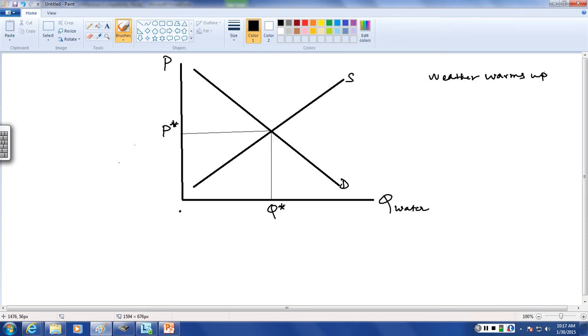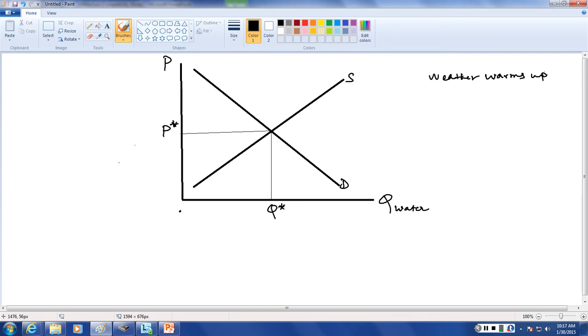What do you expect that to do to this diagram? Well, with the weather warming up, what would happen in this diagram? Would demand change? Would supply change? What would happen? Yes, because as people become more thirsty with the warmer weather, you expect the demand for water to rise. What do I mean by demand for water to rise? This is an increase in demand or quantity demanded?